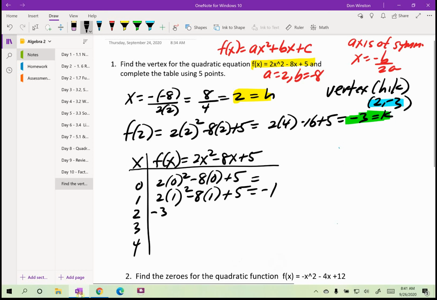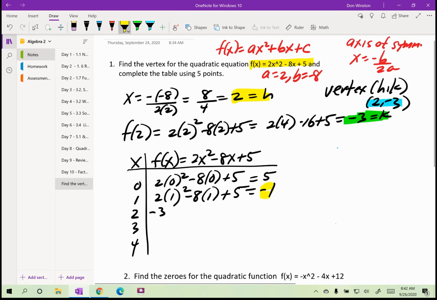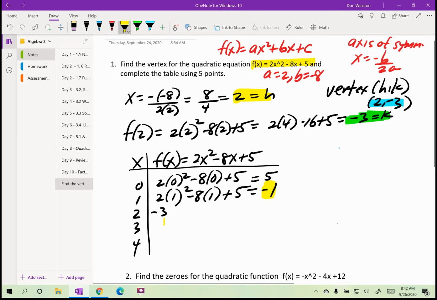Well, that would just give me 5. So now I'll use the fact that this graph is symmetric. I started at the vertex, so I started at the point of symmetry. So when x was equal to 1, I got y is equal to negative 1, which means when x is equal to 3, I'll get y is equal to negative 1.